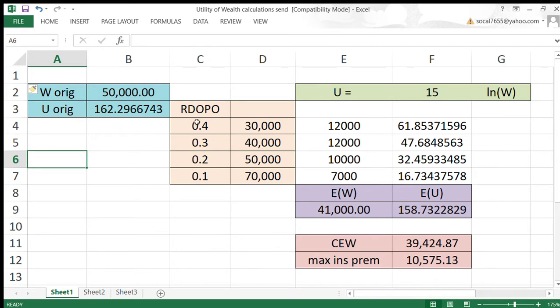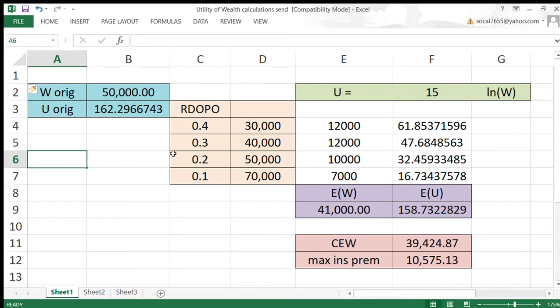And we pretend that we know the risky distribution of possible outcomes, given that the risk occurs, is a 40% probability of ending up with 30,000, a 30% probability of ending up with 40,000, a 20% probability of ending up with 50,000, and a 10% probability of ending up with 70,000.